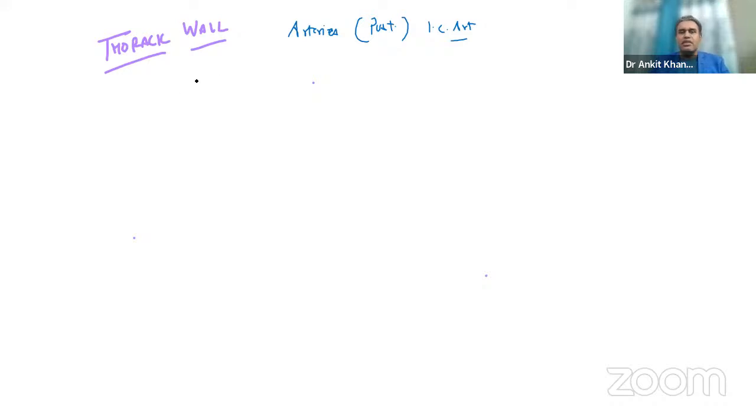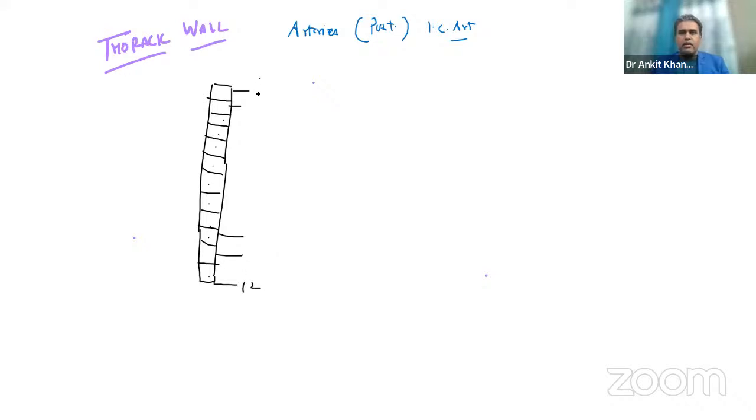If you look at the posterior image, we have 12 thoracic vertebrae. Let me try to draw a couple of parallel lines over here. 1, 2, 3, 4, 5, 6, 7, 8, 9, 10, 11, and 12. Imagine these are the 12 thoracic vertebrae, and each one has its own ribs. So posteriorly, you have rib number 12, rib number 1.